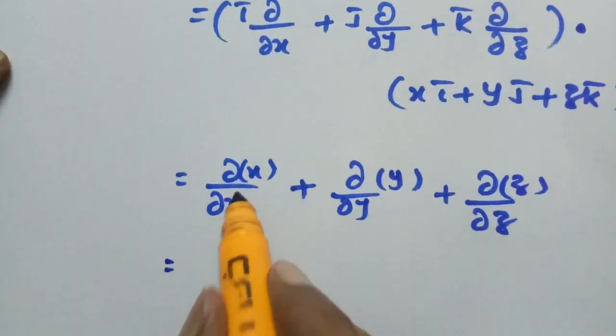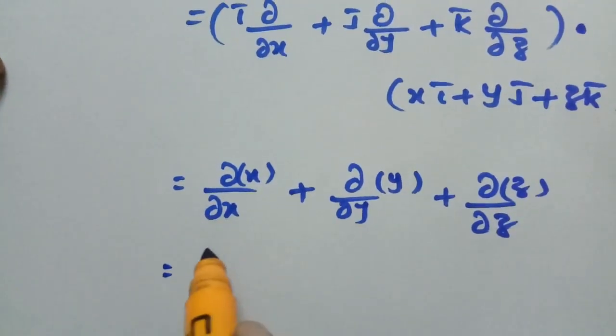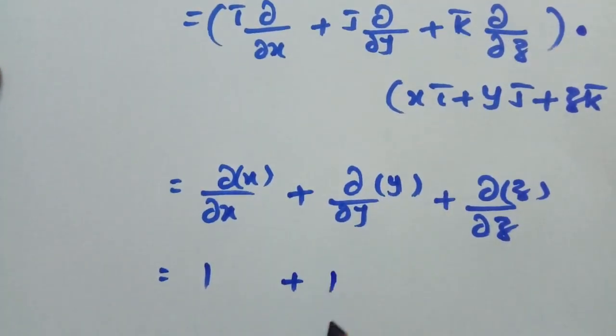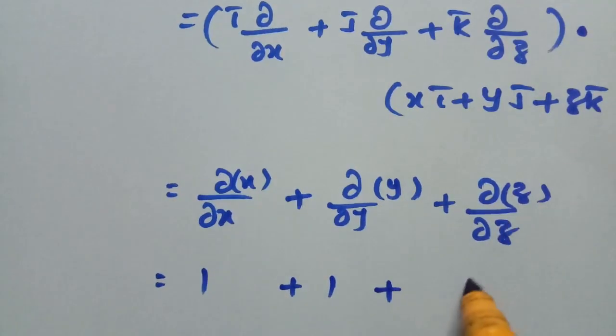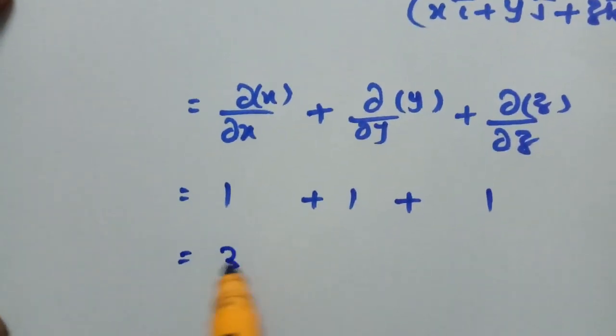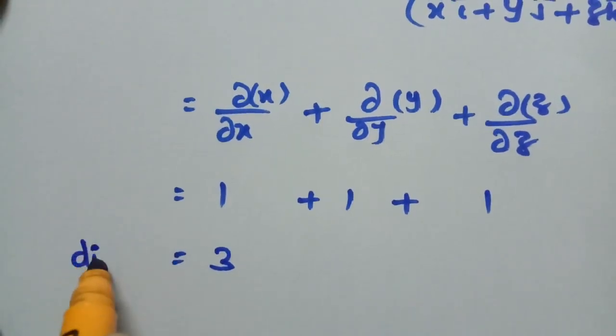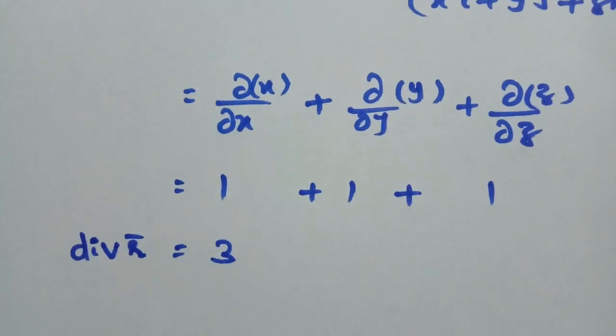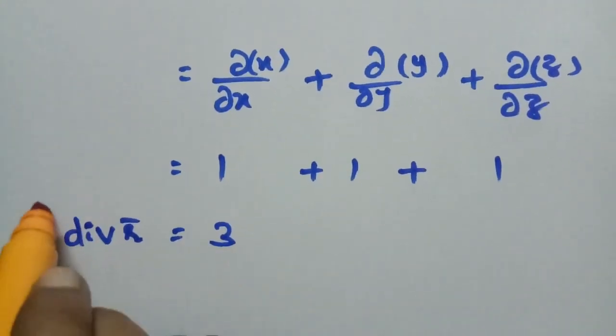Therefore, derivative of x partially with respect to x is 1, partial derivative of y with respect to y is 1, partial derivative of z with respect to z is equal to 1. Therefore, this is equal to 3. Therefore, divergence of a position vector r bar is equal to 3.